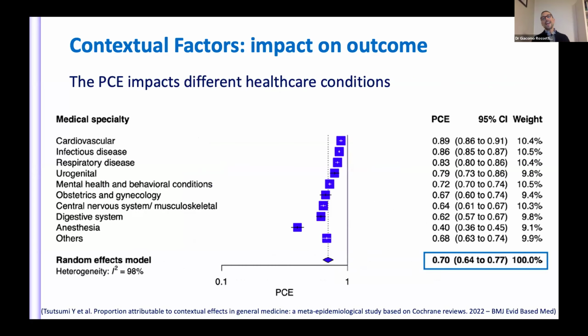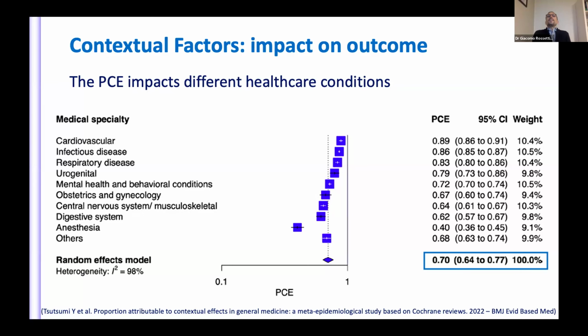For example, as revealed by a recent meta-epidemiological study based on Cochrane reviews, considering different clinical health conditions, we know that the contextual effect can influence up to 70% of the overall therapeutic outcomes.